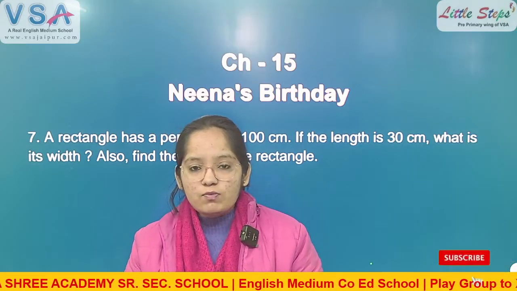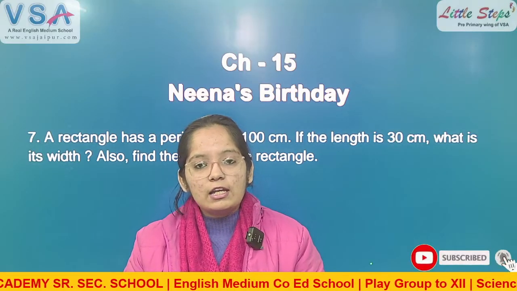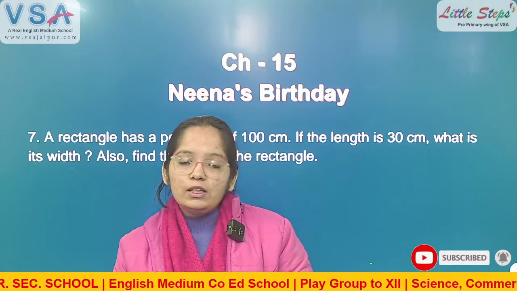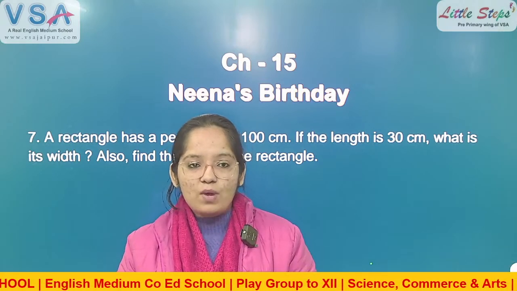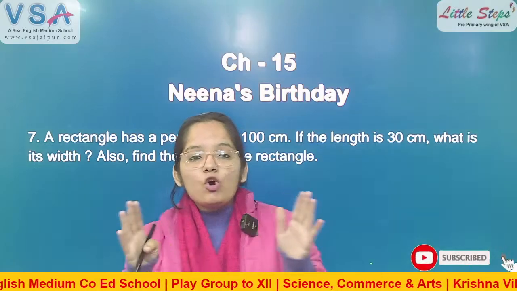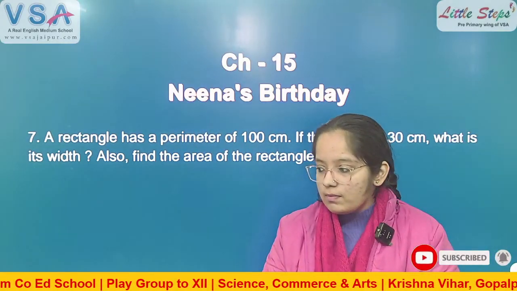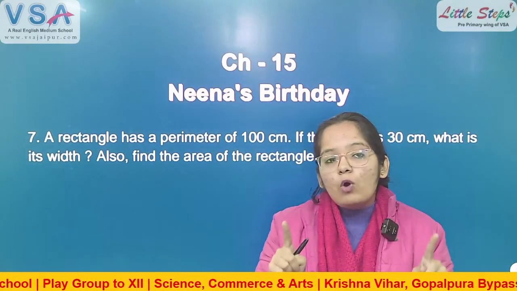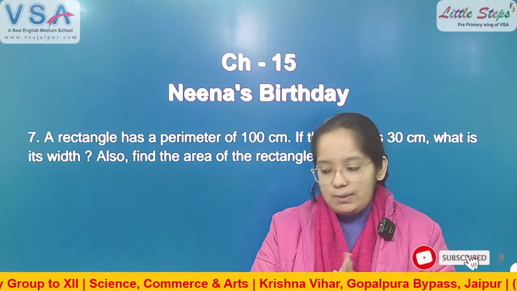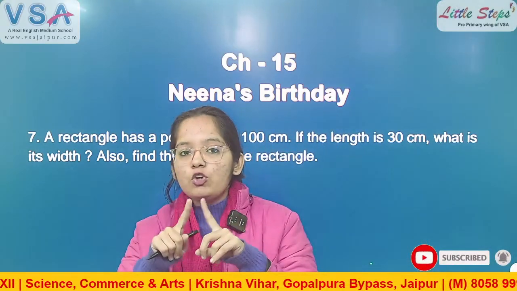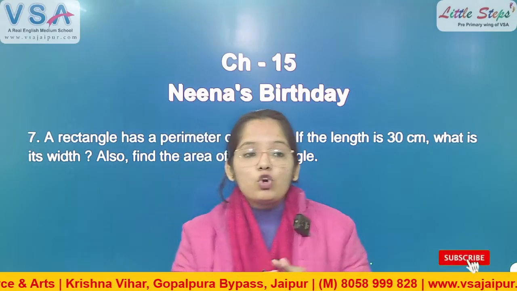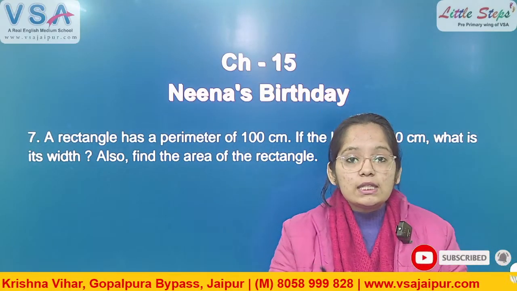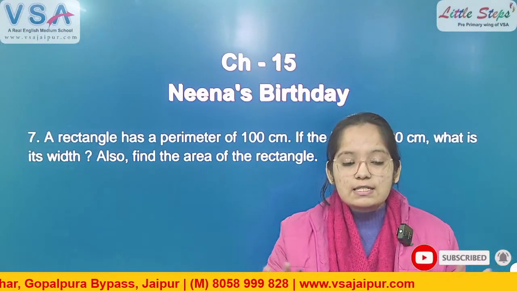So the things we did yesterday were area and perimeter of different shapes, that is square and rectangle. When we talk about the perimeter of any shape, it is only the outer boundary of that shape, right? And when we are talking about the complete space inside the shape, that is called the area.